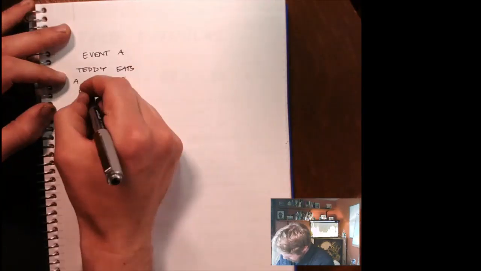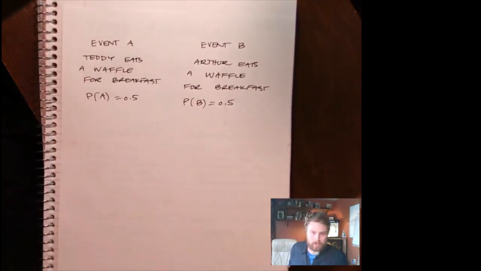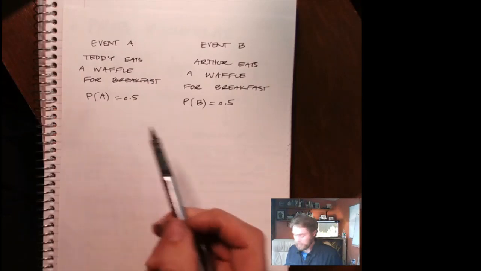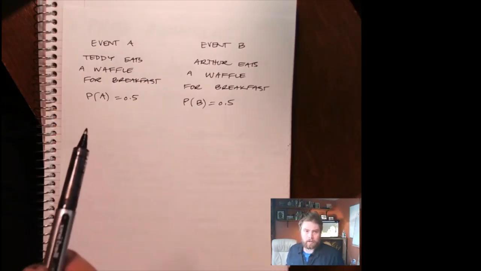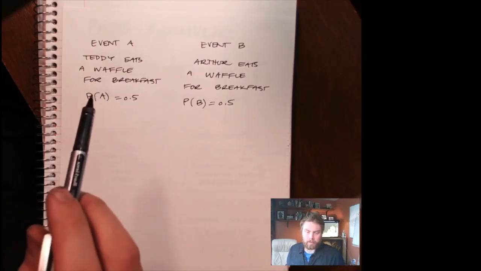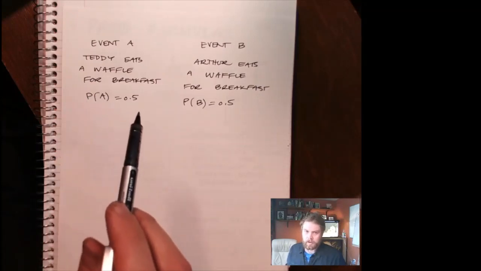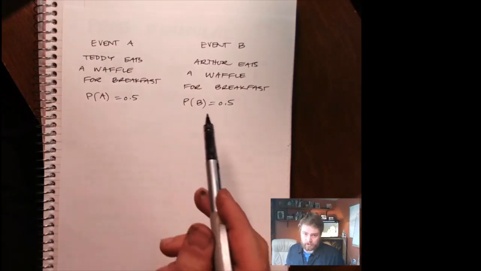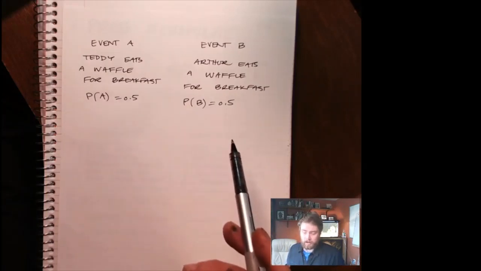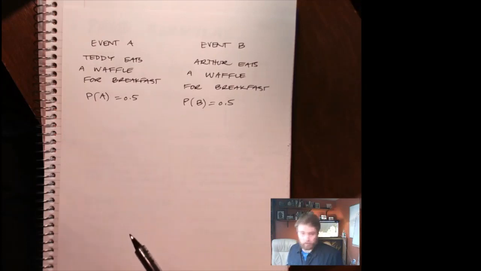So let's make our two events whether or not my first son eats a waffle or my second son eats a waffle. I'm going to go ahead and write those down. I'm just going to say for either son, 50-50 chance. However, if Teddy happens to want a waffle, the probability that Arthur is going to want a waffle changes. It's no longer going to be 50%. It goes way up. In fact, it's almost guaranteed.